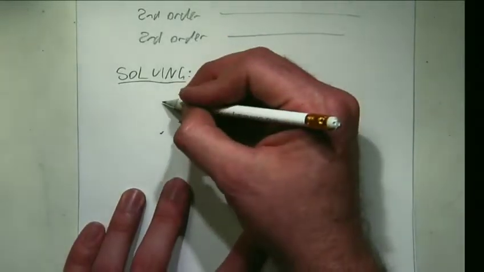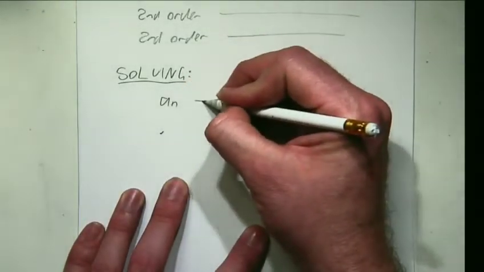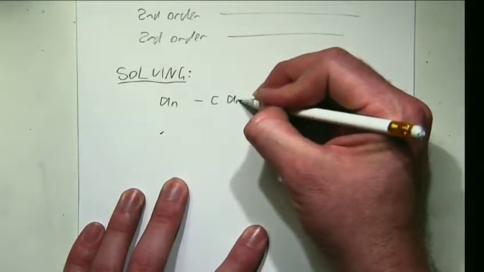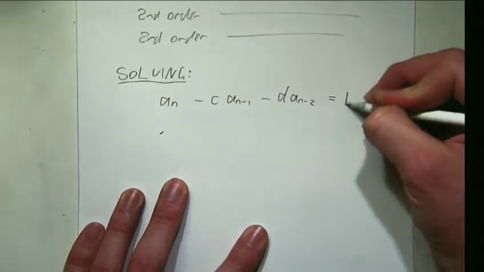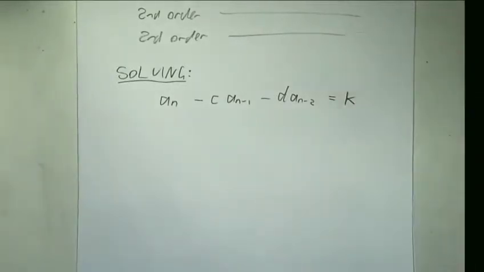So we have something like a_n minus... okay, so that's a second order, constant coefficients, non-homogeneous. Right? The C and the D are constants. The K is a constant as well. The latest term is n, and the earliest term is n minus 2, and they're 2 apart, so it's second order. Lovely.